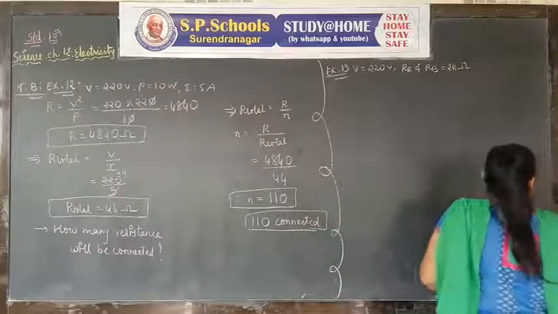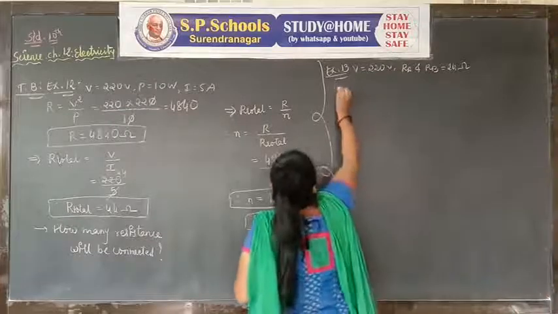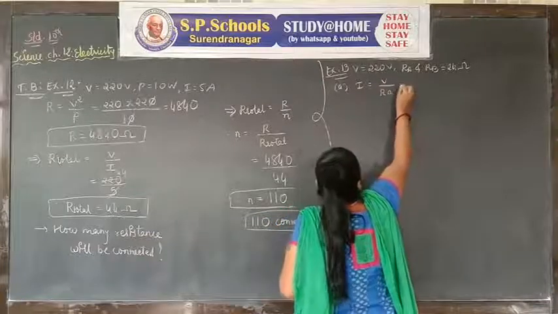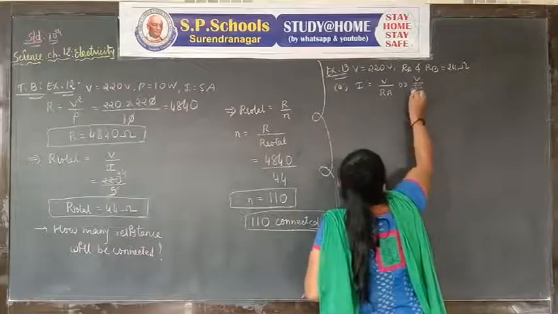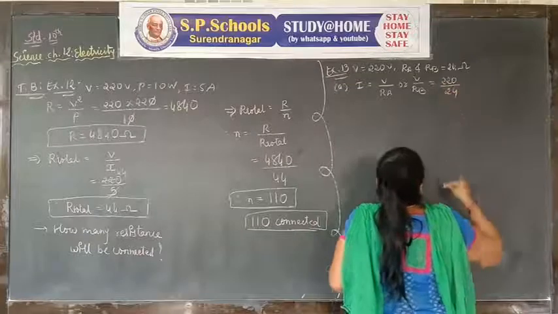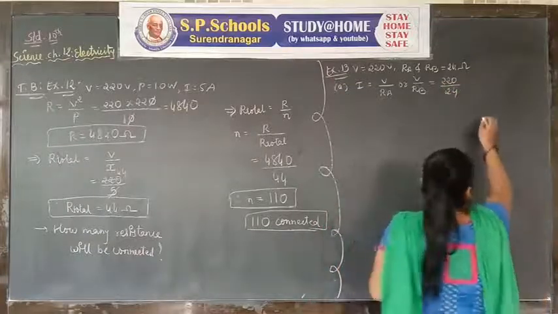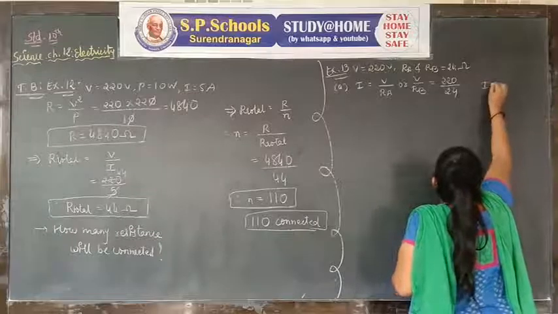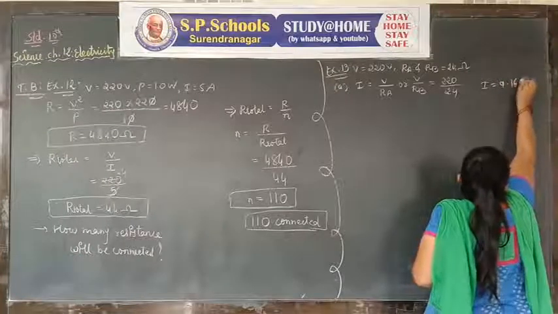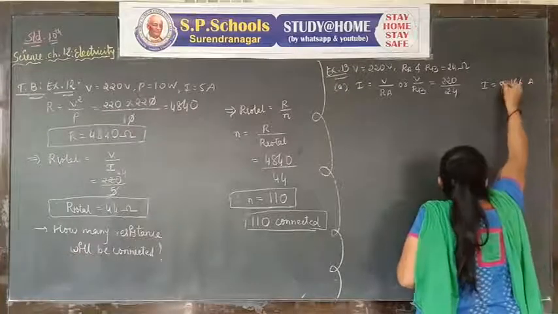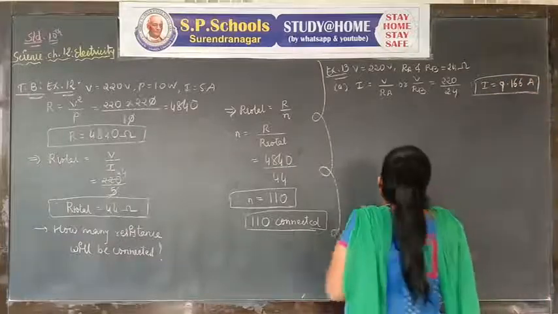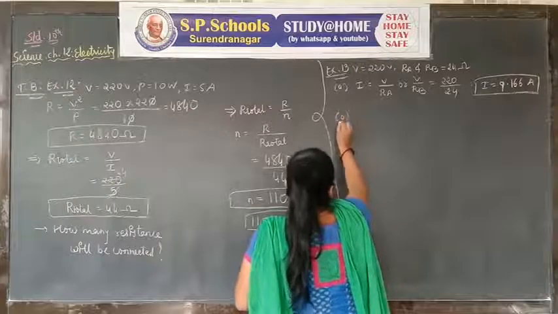In the first case, I will be V upon RA, or it will be V upon RB. 220 upon 24. So here we get I is equal to 9.166 ampere. We find it and we go through the second case.